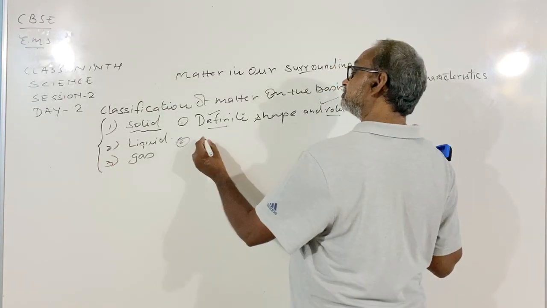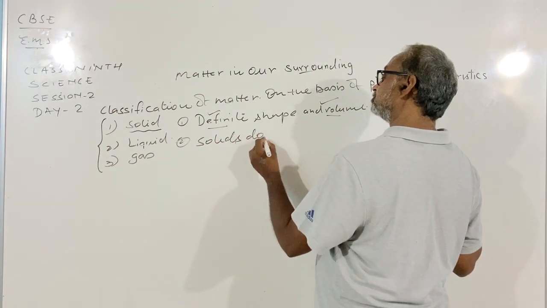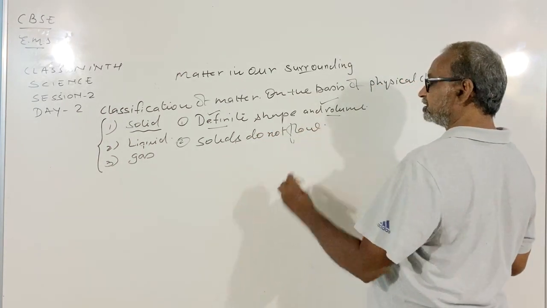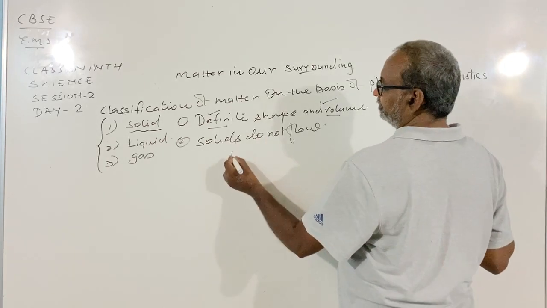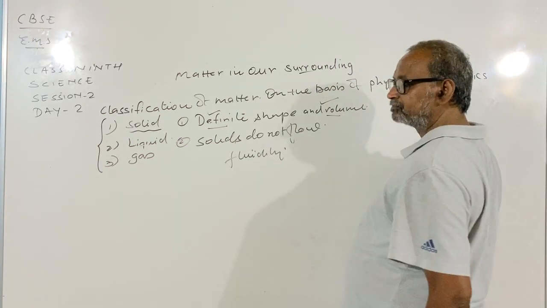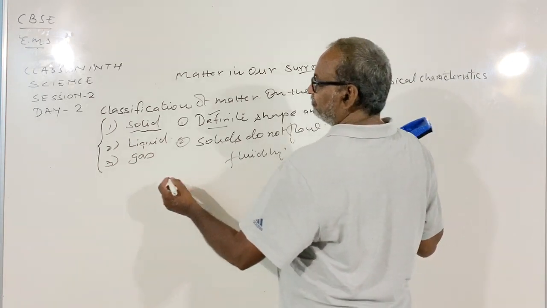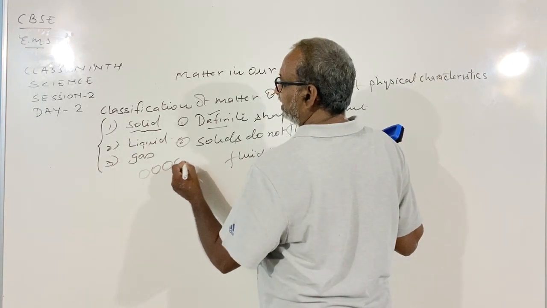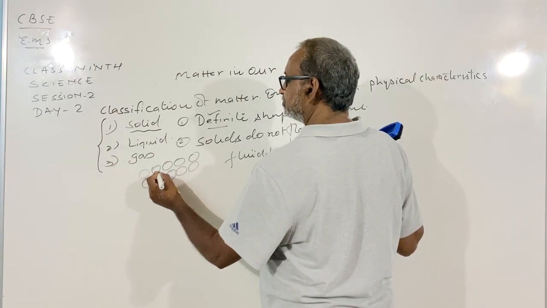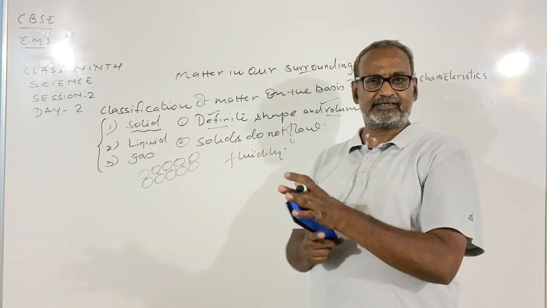Solids do not flow. This property is called fluidity. In solid state, different layers of the molecules or particles are bonded strongly, and these layers cannot slide one above the other.